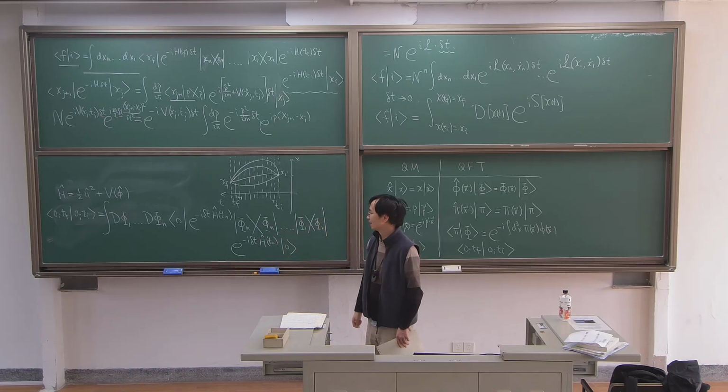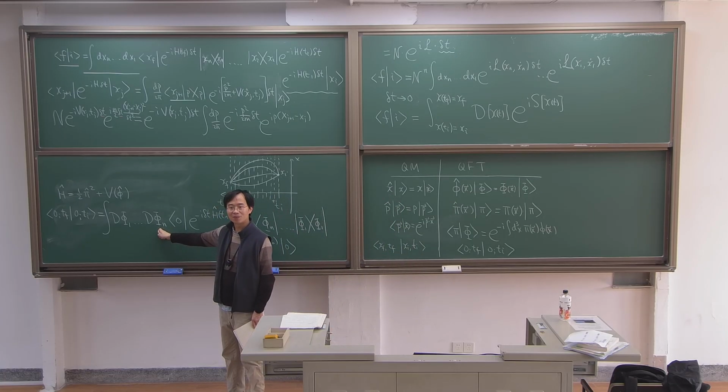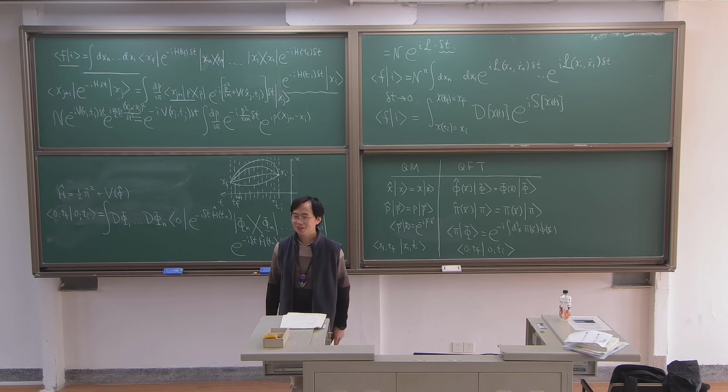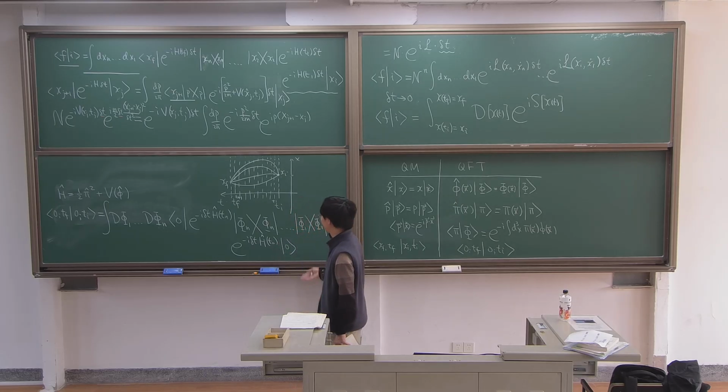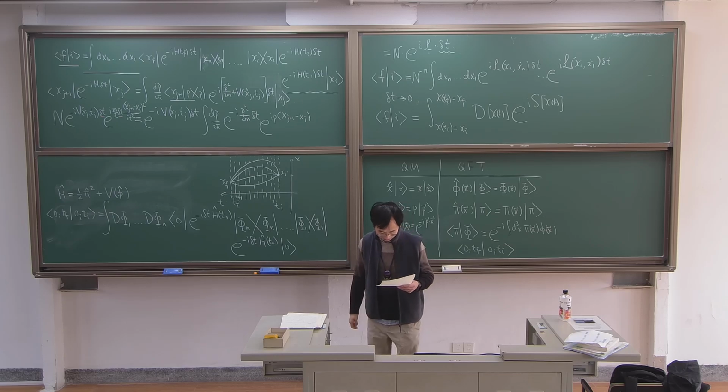Then for each piece, you insert a complete set of phi states again, because phi states are the analog in quantum mechanics of the x states. The same thing.